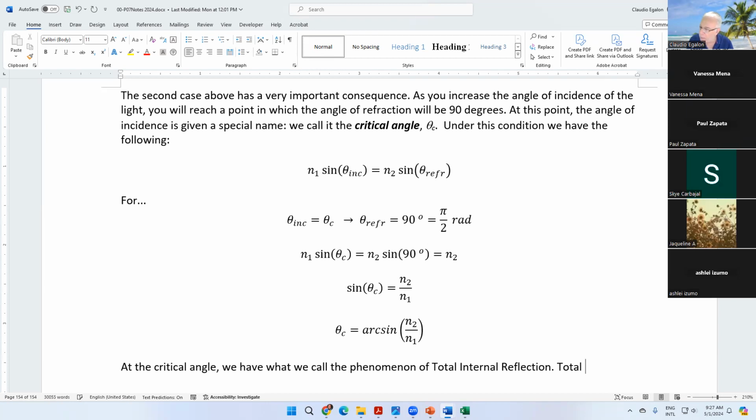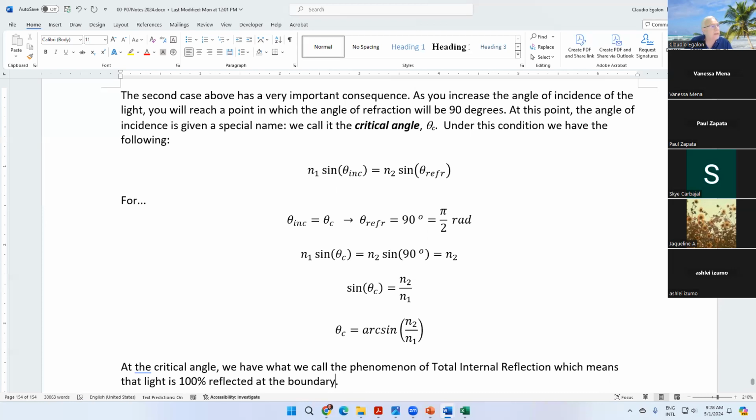Total internal reflection means that light is 100% reflected at the boundary. Okay?